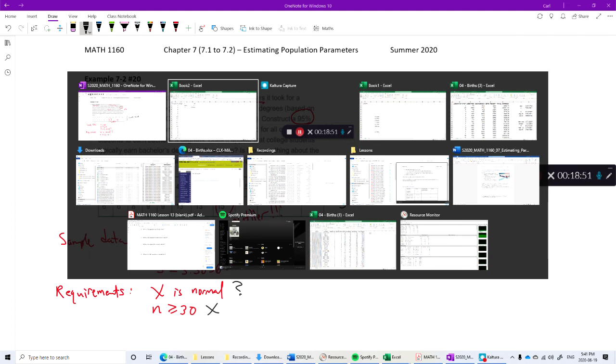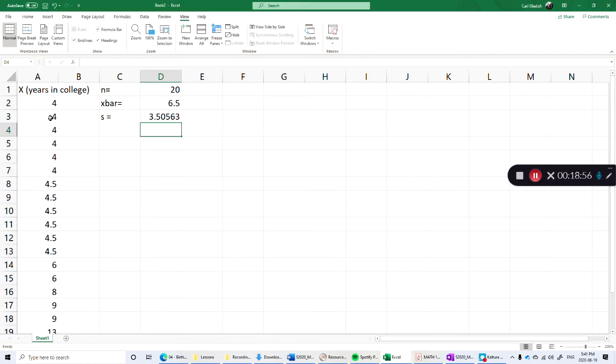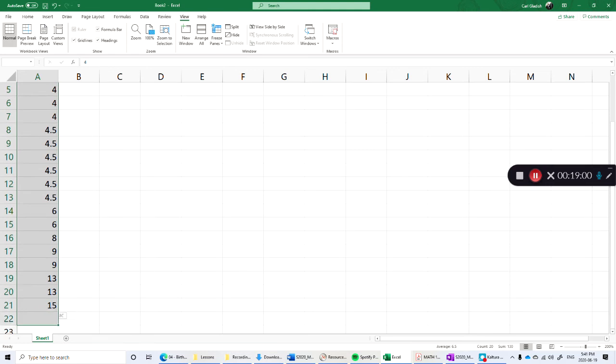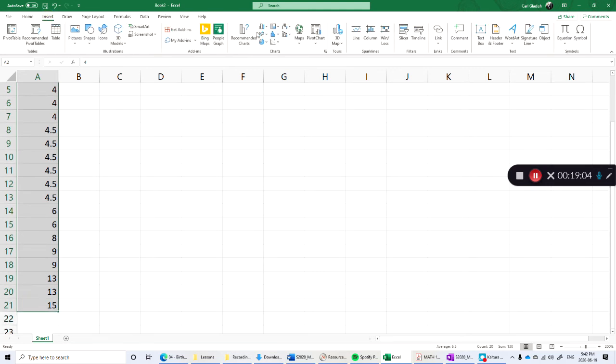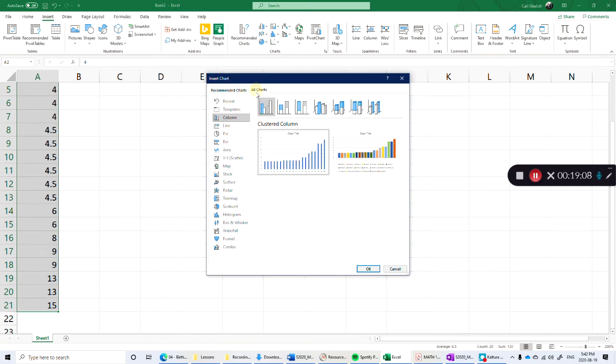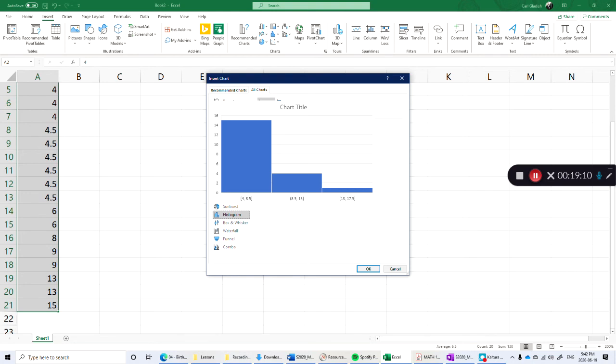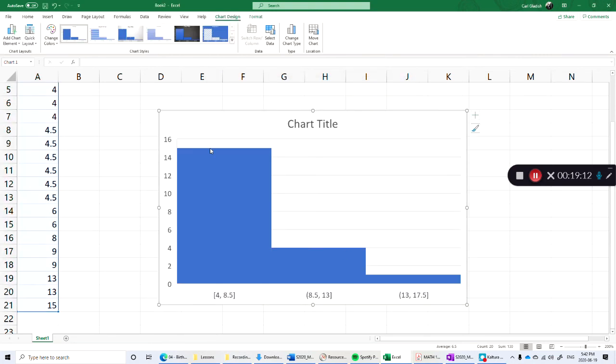So how do we know if it's normal? Probably the best thing to do is just throw it into a histogram. So I'm going to select all these. That 15 is worrying me. But how does it look if we make a histogram? So we'll go down to histograms. Uh-oh, and it looks not very normal, right?